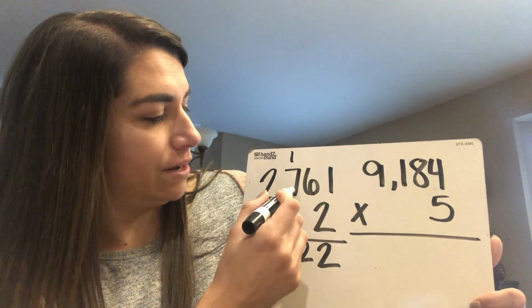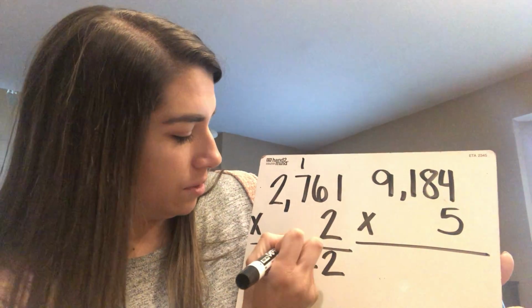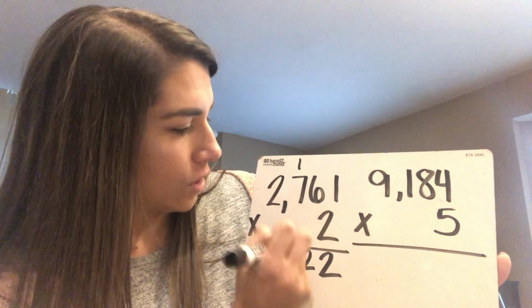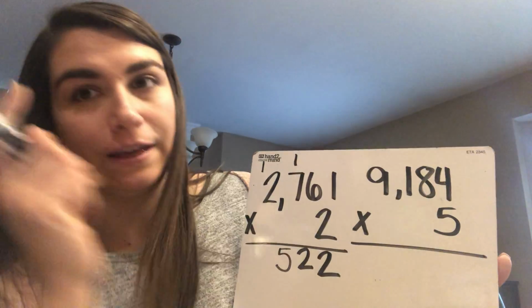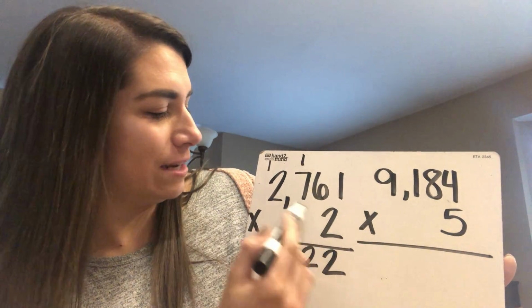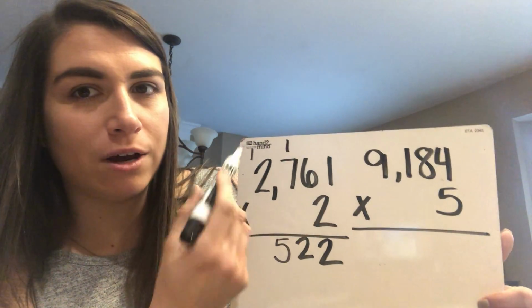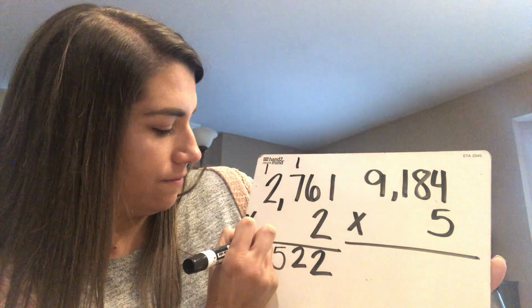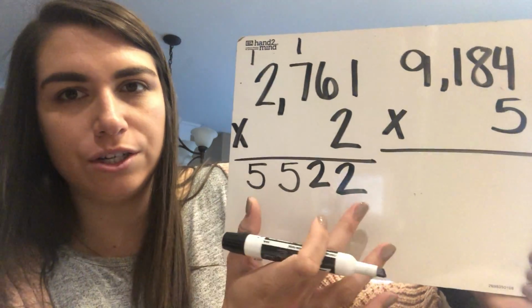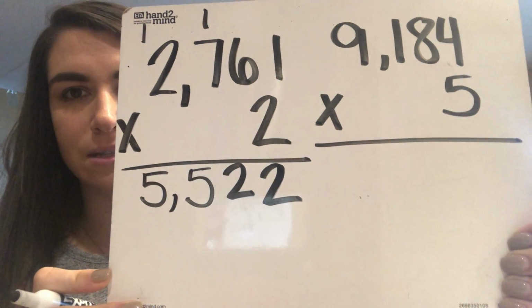So 2 times 7 is 14 plus 1, which is 15, and I carry my 1. I'm already thinking ahead there. So then 2 times 2, which is 4, plus 1, which is 5. So I got 5,522, and I want to add my comma in between my hundreds place and my thousands place.